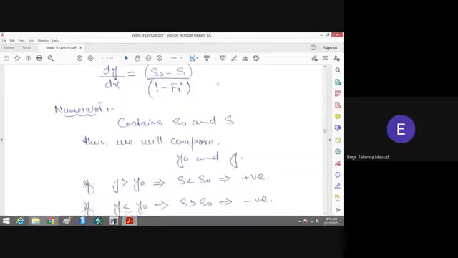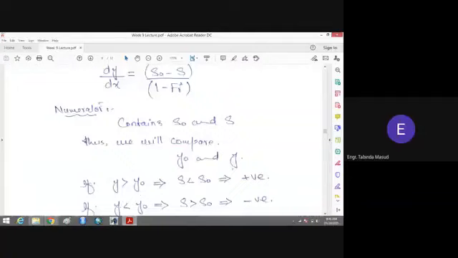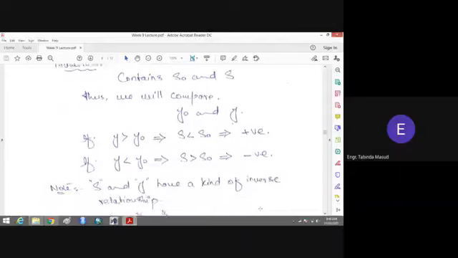Okay. Similarly, you will say that if y is smaller than y naught, then according to the Manning equation, S will be greater than S naught, and if S is greater than S naught, you will get a negative value for the numerator. Okay, so this is all about the signs for the numerator.